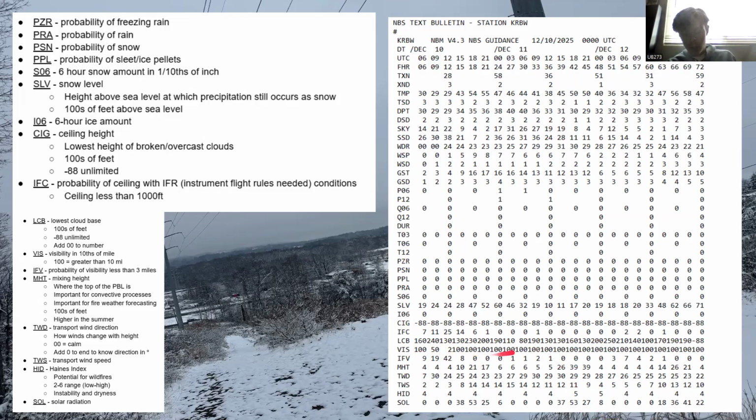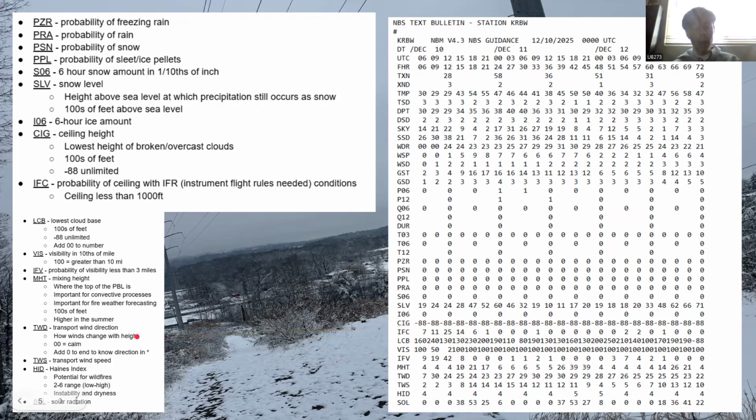We have mostly 100s, and the ceiling height is unlimited. Oh wait, I'm sorry, I was looking at visibility. Instrument flight rules right here. So no, all the values are low, of course, because the higher it is, the more chance they need to use the instrument flight rules, and it's harder to see. But a lower value is good.